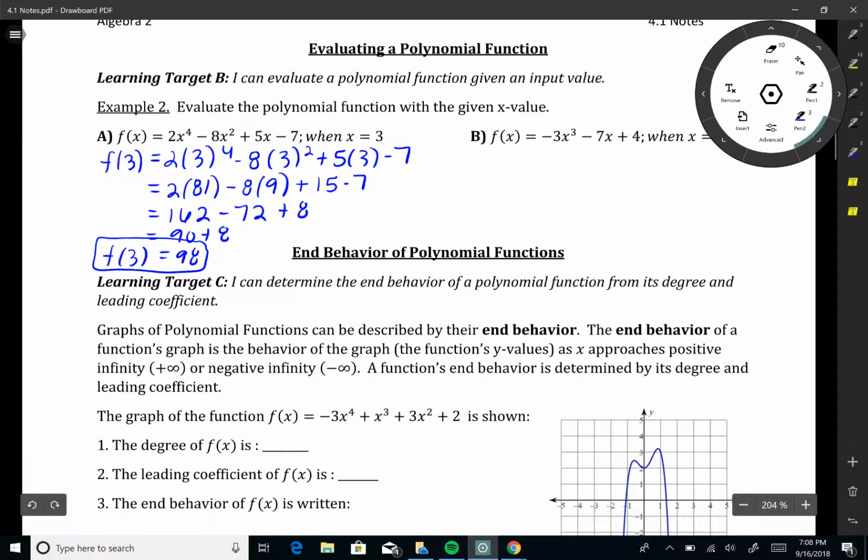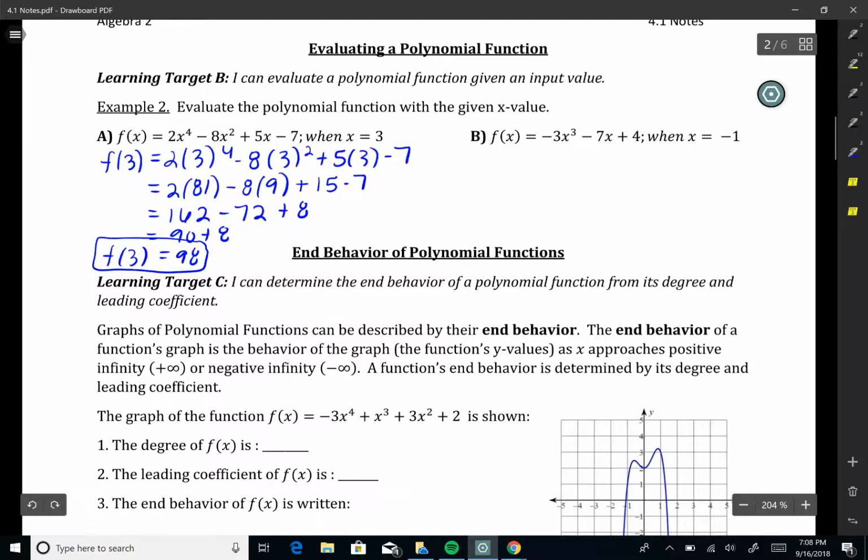On to letter B. I have negative 3x cubed minus 7x plus 4. This is a cubic function. We haven't seen one of these yet, with a leading coefficient of negative 3. It's telling us to evaluate this one when x equals negative 1. So f of negative 1 equals negative 3 times negative 1 cubed minus 7 times negative 1 plus 4.